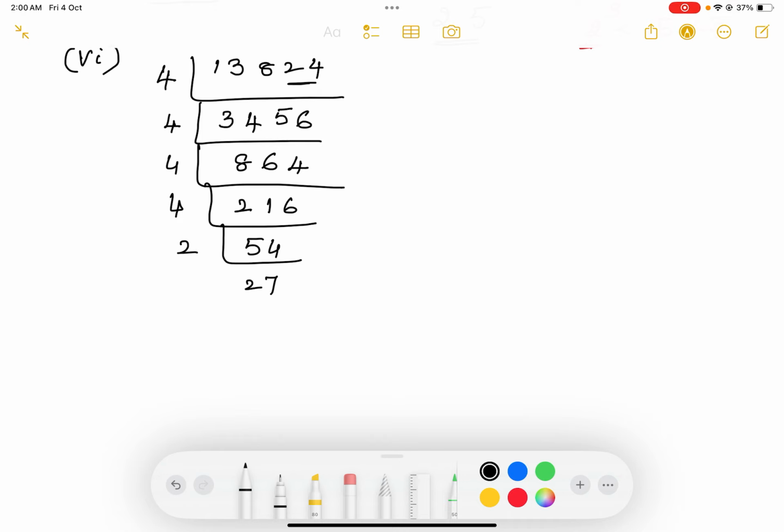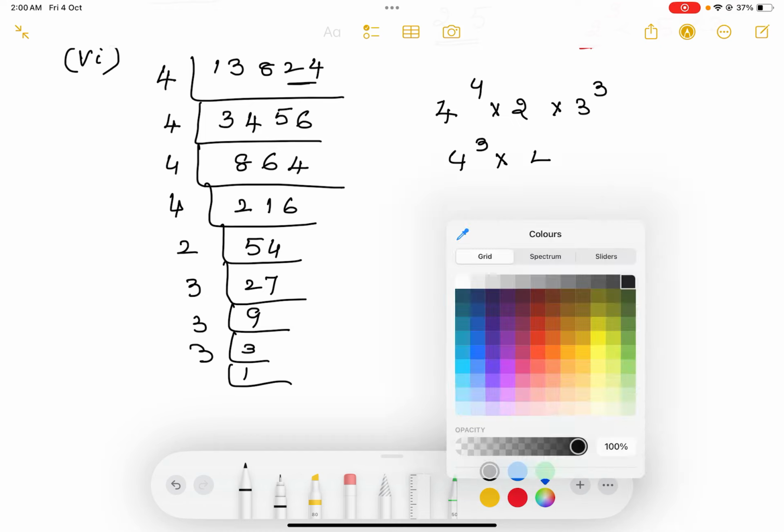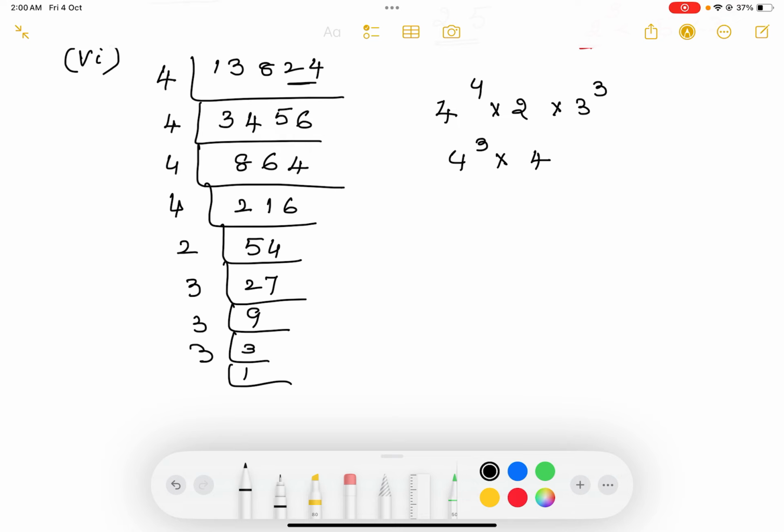So it is 2 27s. And then 3 9s, of course 3 3s and 3 1s. So now what you can say is, 4 comes 4 times, 2 comes 1 time, and 3 comes 3 times. So it is 4 cube into 4 gives you 4 into 2 into 3 cube.